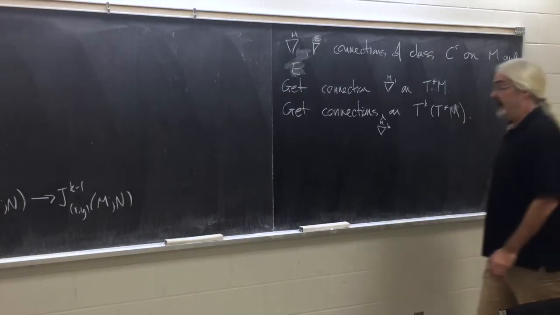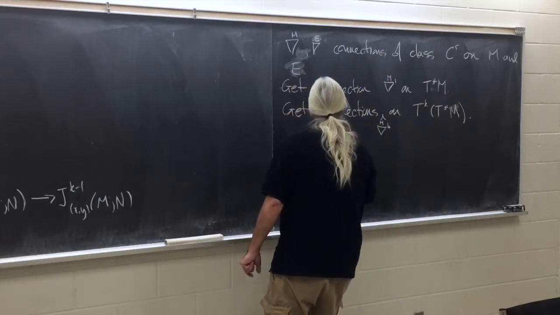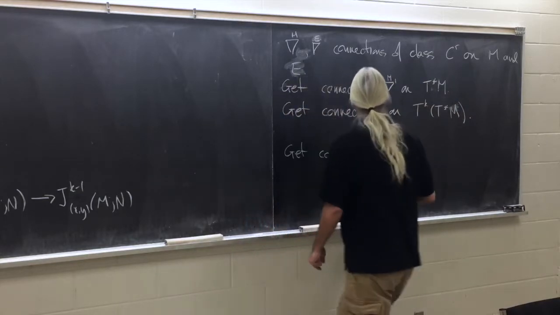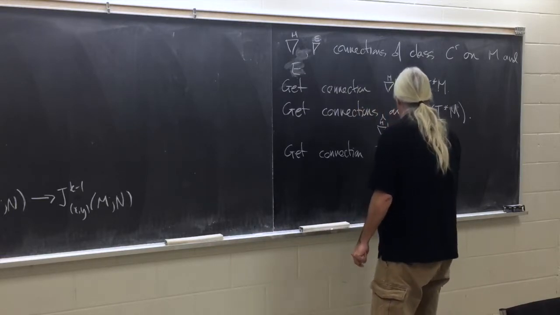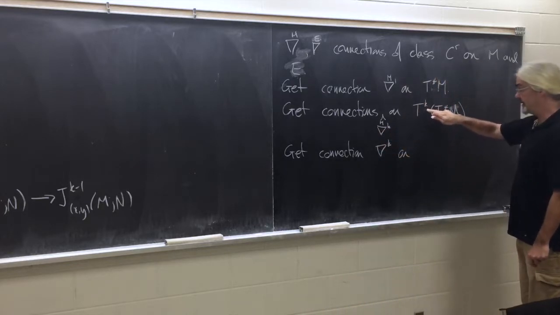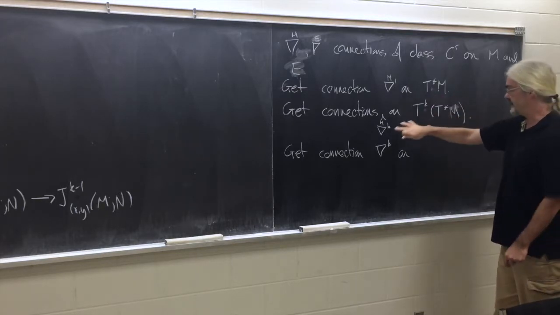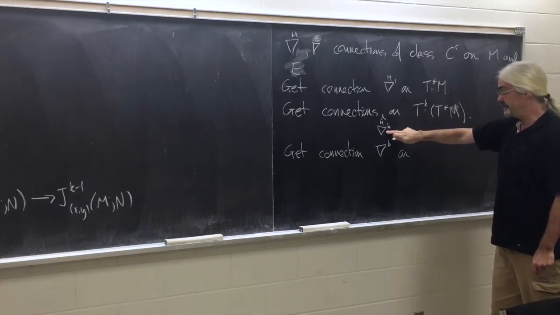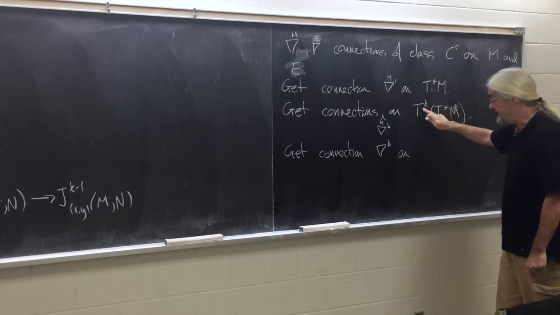So therefore you get a connection, nabla K, on. By restriction to symmetric tensors, you have to verify that as long as this connection is torsion-free, it'll induce a connection on the symmetric tensors here.